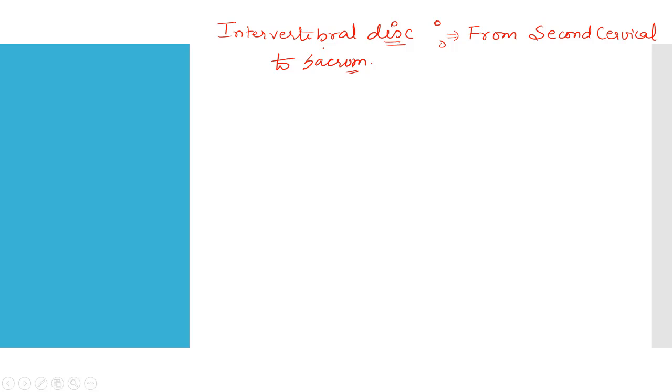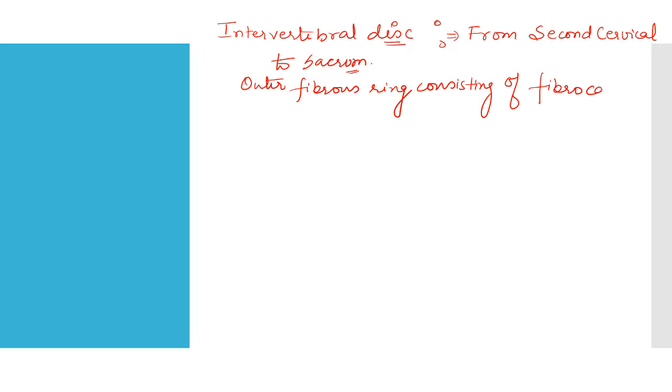The disc has an outer fibrous ring consisting of fibrocartilage and an inner soft, pulpy, highly elastic substance.